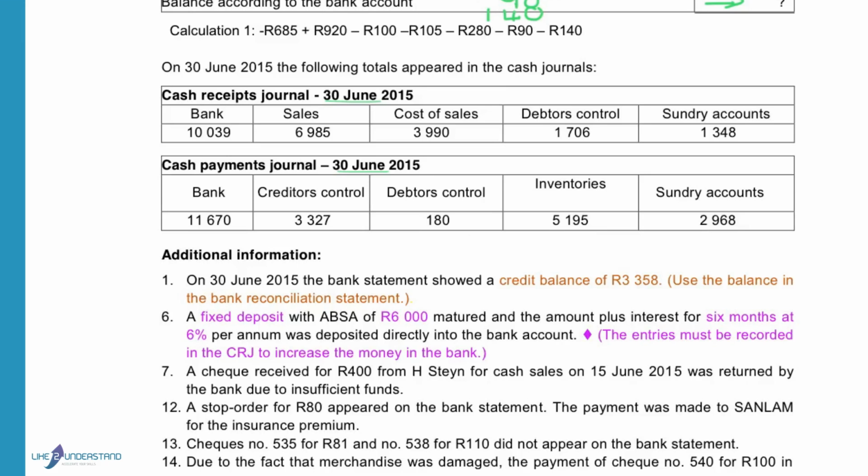Then they give us the totals in the cash receipts journal and in the cash payments journal. So we will have to open a cash receipts and cash payments journal with these totals. That is where we stop recording at the end of the month, and then we will complete entries in the subsidiary journals for all the additional information, so entries that were not completed or correction of errors.